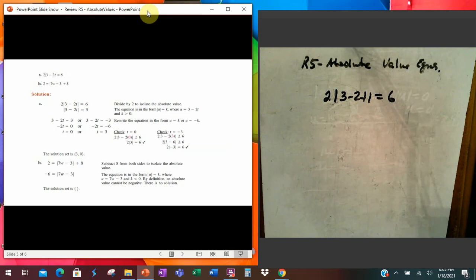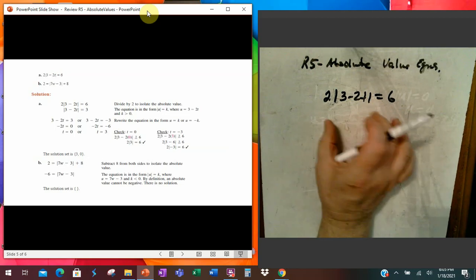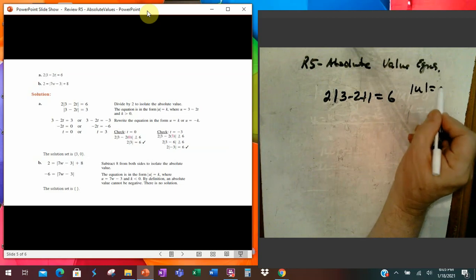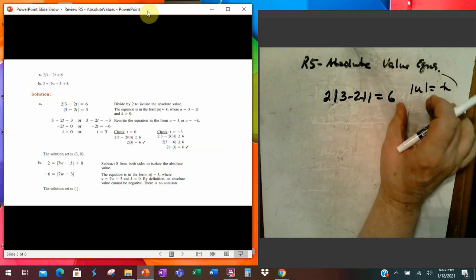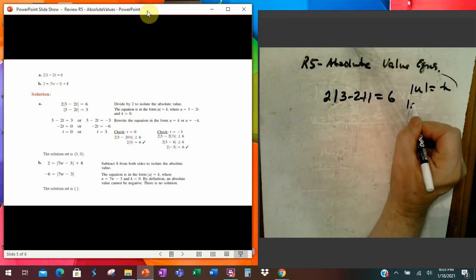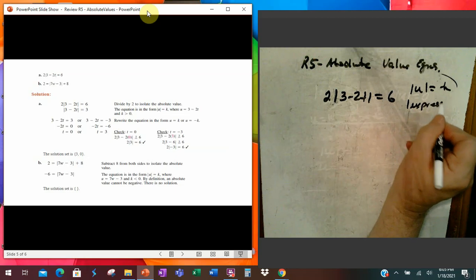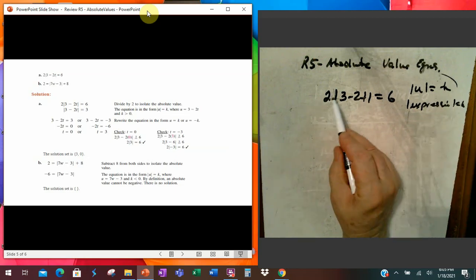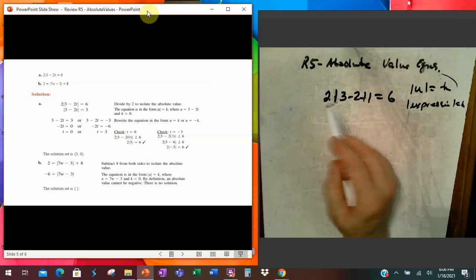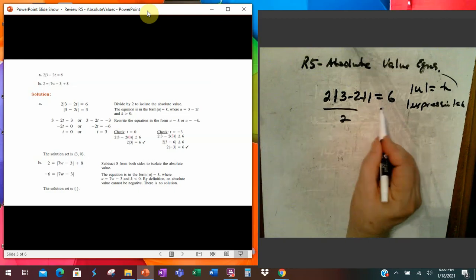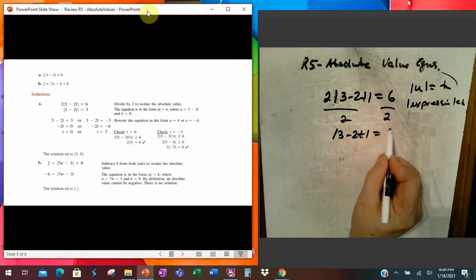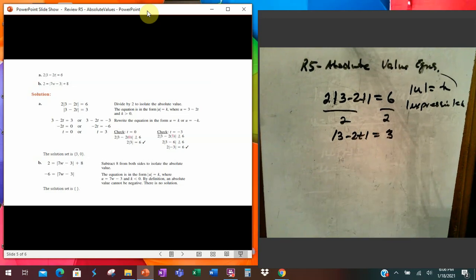Let's solve this. I always want to get this to the fundamental form: the absolute value of an expression is equal to k. So I don't want this 2 times this. I'm going to divide both sides by 2. Now I get that.